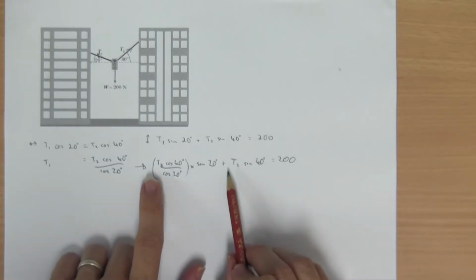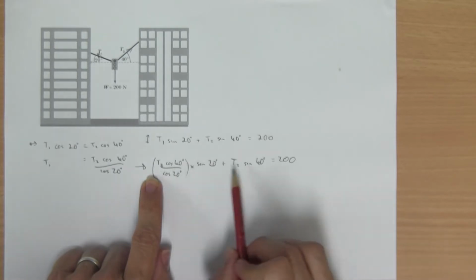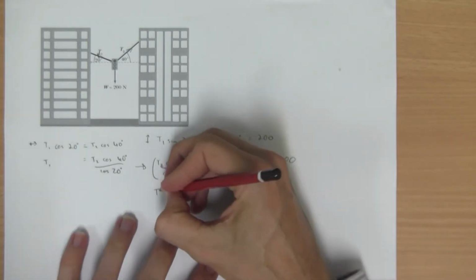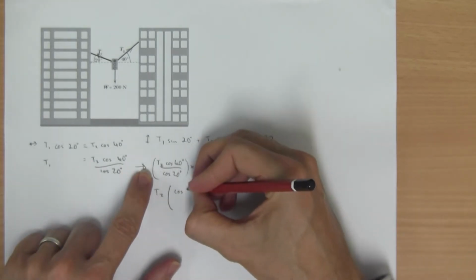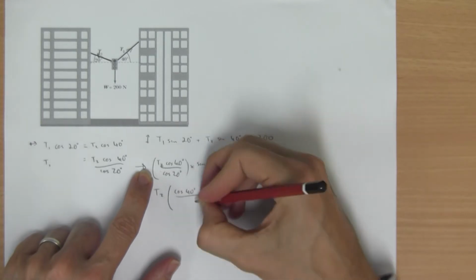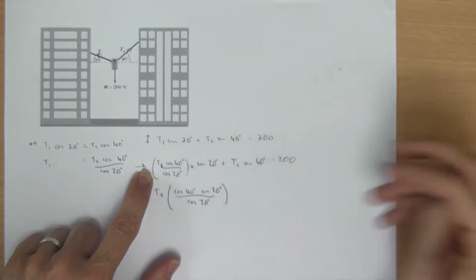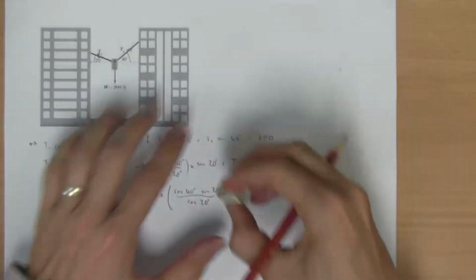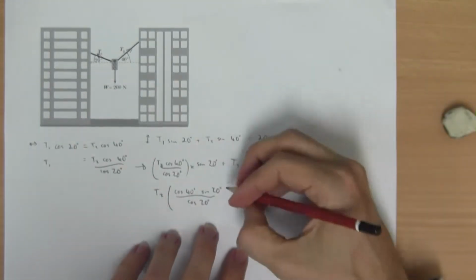Okay, I need to get the T2s together. Each of these has a factor T2, so I'm going to take it out. T2 times cos 40 sine 20 over cos 20. Don't want to close the brackets yet.